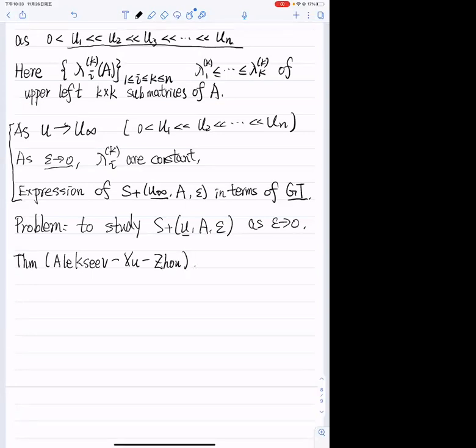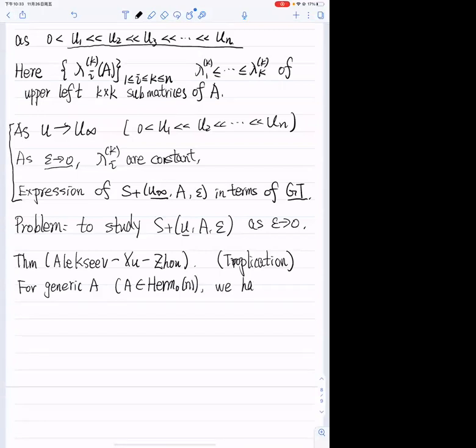Later on, I'm going to say this is actually an analytic version of the tropicalization in Anton's and Jeremy's talk. Geometrically, this is a tropicalization. We see that for generic A, which basically means that A lives inside the domain cut out by the strict Cauchy interlacing inequalities, we have the following.